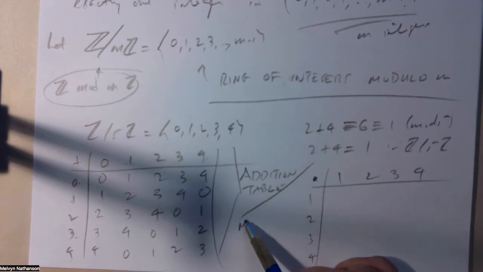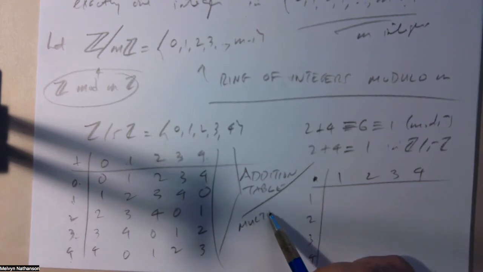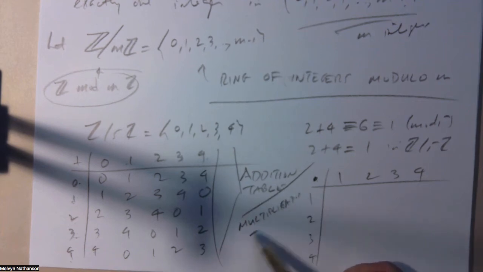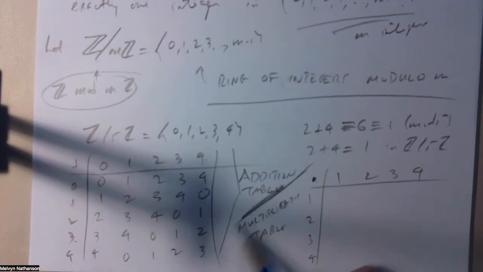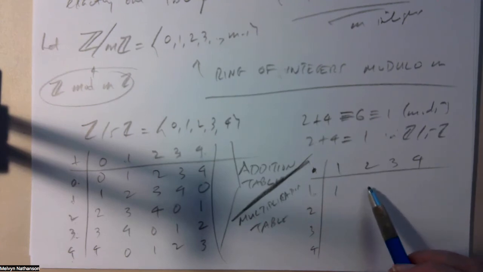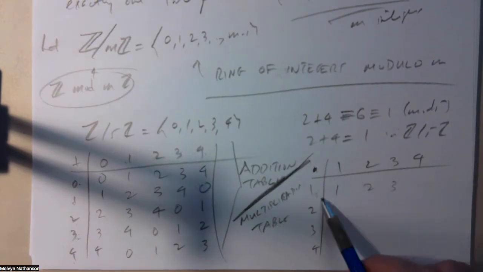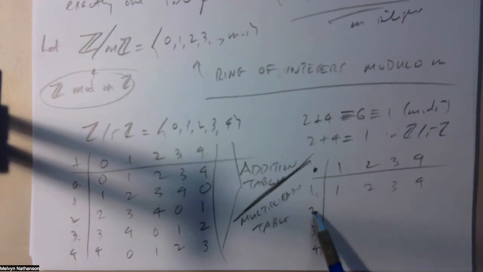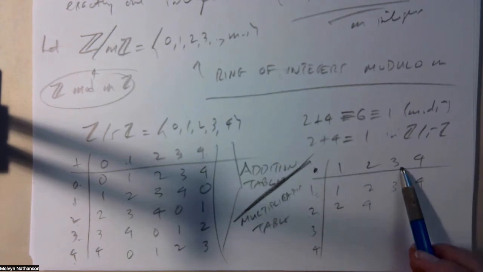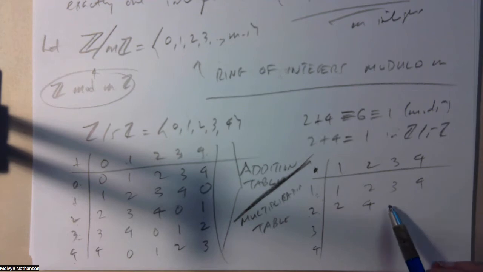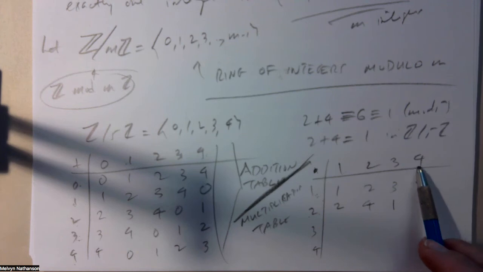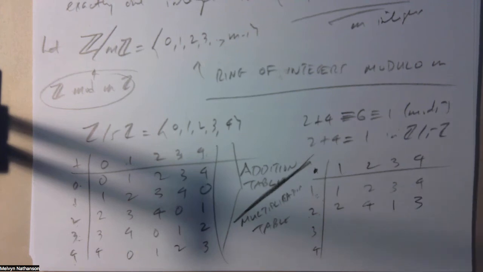This is the times table. 1 times anything doesn't change. 1 times 1 is 1. 1 times 2 is 2. 1 times 3 is 3. 1 times 4 is 4. 2 times 1 is 2. 2 times 2 is 4. 2 times 3 is 6, but we're working modulo 5. So 6 is 1 mod 5. 2 times 4 is 8, which is the same as 3 mod 5.